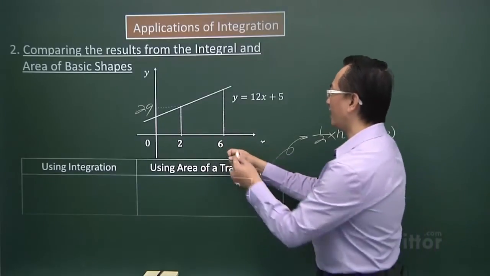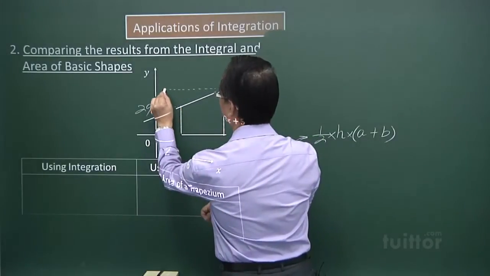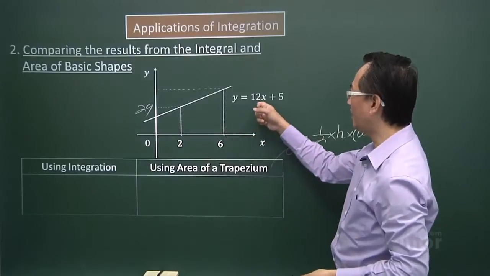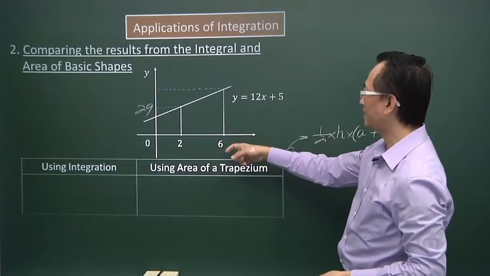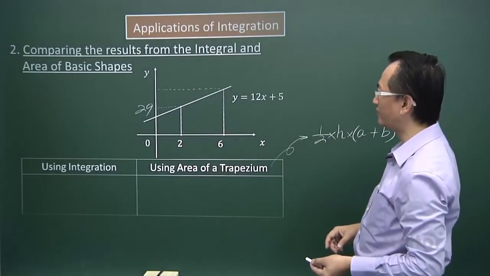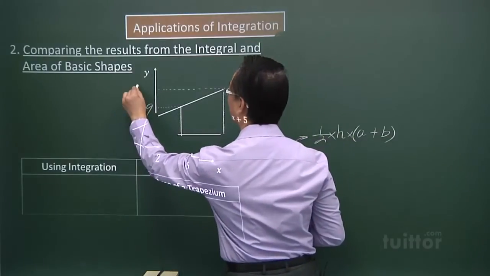Next is to find this length here. I have 6 times the 12, so I actually would have 72 plus 5, 77.